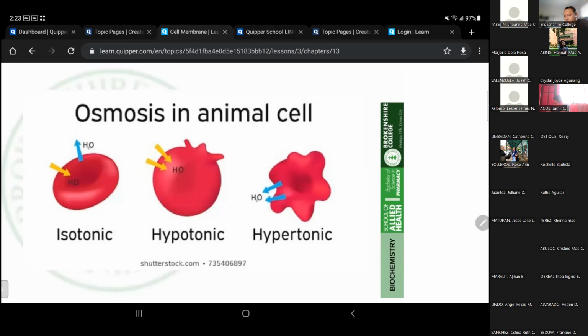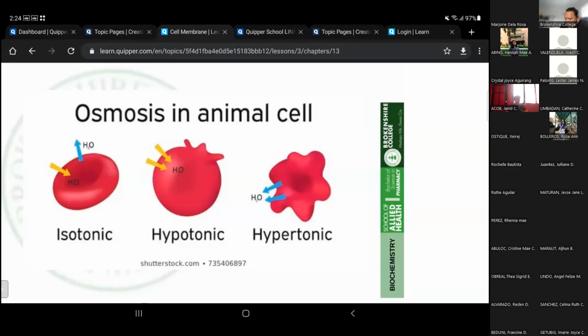For hypotonic, pag sinabing hypotonic, meaning it's mas mababa ang concentration ng solute, mataas ang water concentration outside of the cell. So that's why water moves inside of the cell or in the blood cell, causing it to burst.